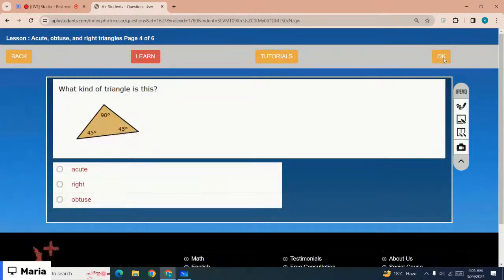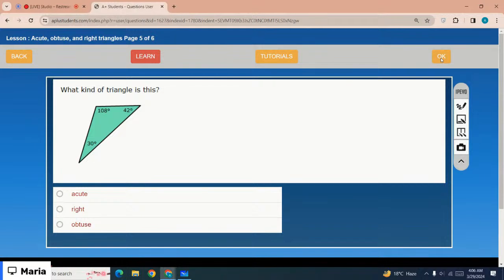What kind of triangle is this? 90 degrees, 45 degrees and 45 degrees. Which is the correct option? So yes, that is a, sorry, right angle, because one of the angles is exactly 90, so that is a right angle.